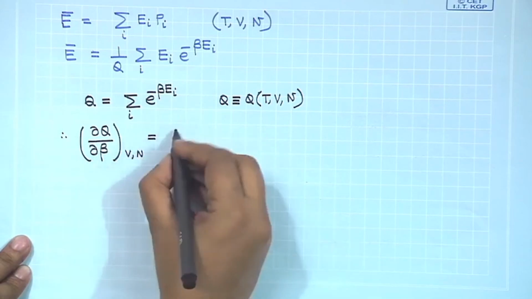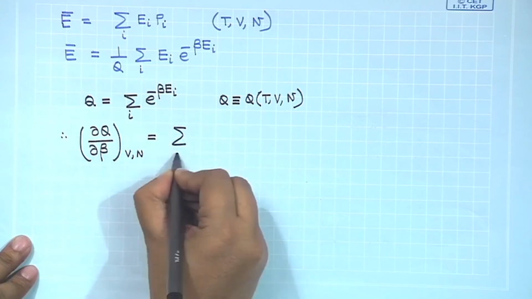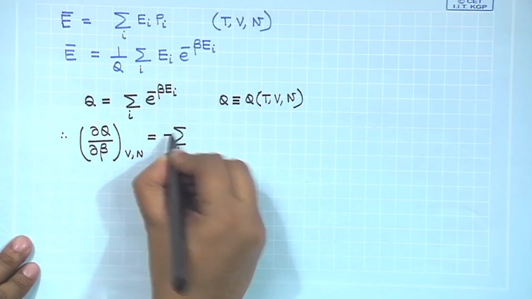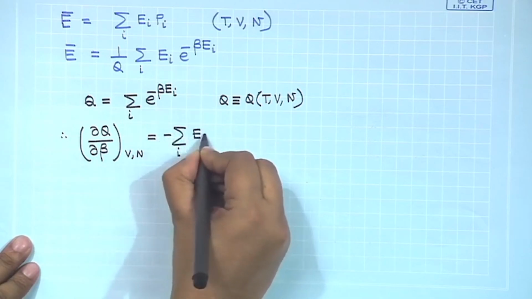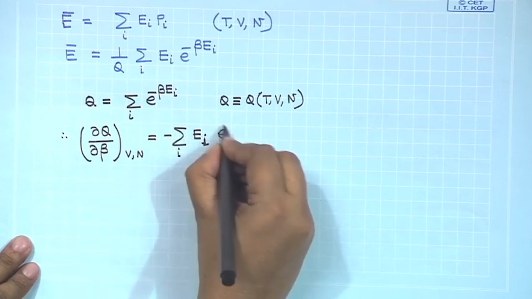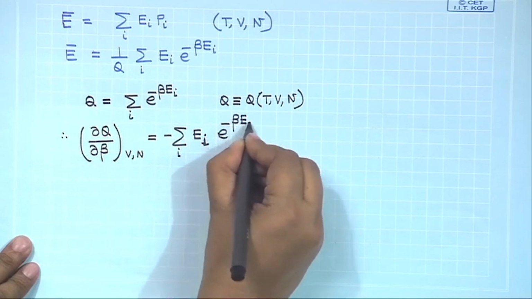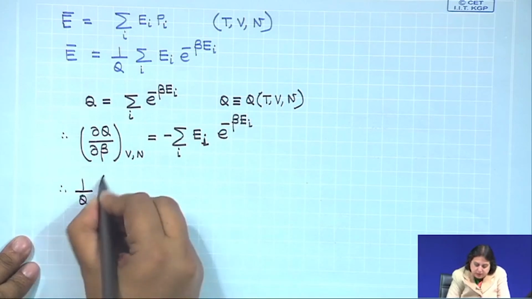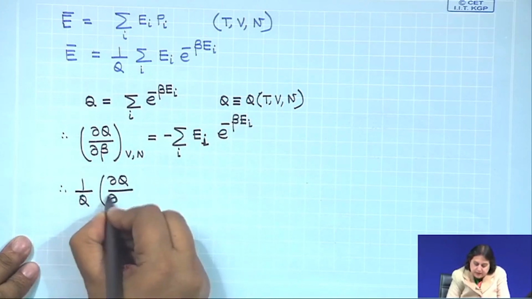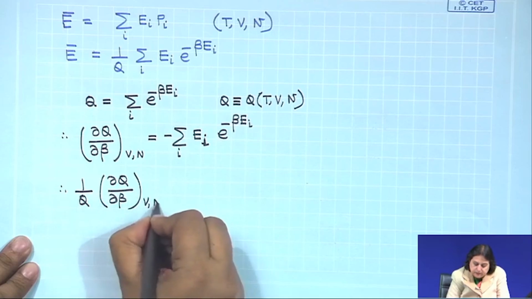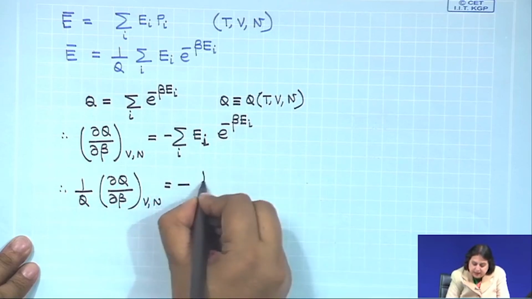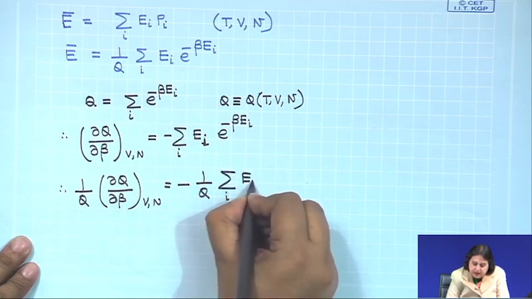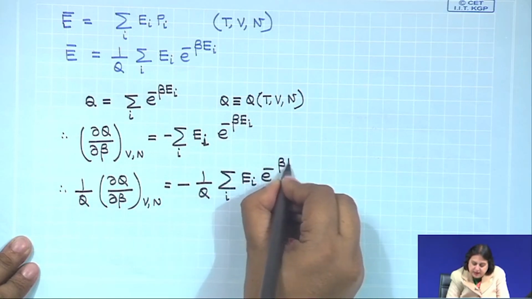Now, very simple mathematical treatment tells you that you can do this derivative within the summation, and what you will be left with on the right hand side is Ei e to the power of minus beta Ei. Now, I divide both sides by capital Q, giving me this as minus 1 by Q summation over i Ei e to the power of minus beta Ei.